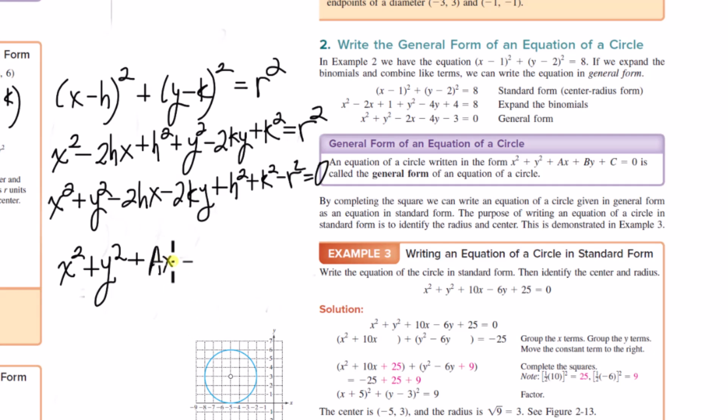So plus ax, and then plus by, and then h squared plus k squared minus r squared is just another arbitrary constant. So in the completely expanded form of the equation of a circle, this is what you're going to see: x squared plus y squared plus some constant times x plus some constant times y plus a constant is equal to 0. This is the general form for the equation of a circle in a plane.